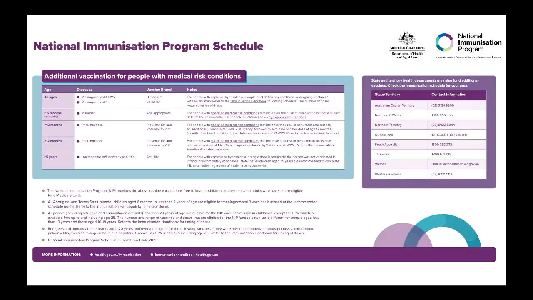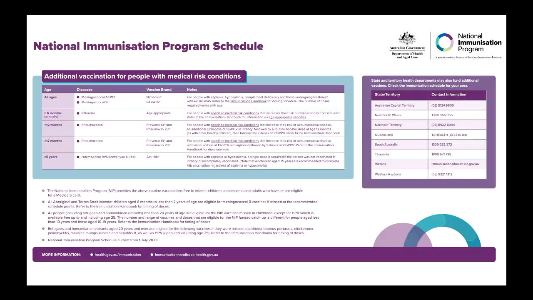There is some additional vaccination for people with medical risk conditions. So pneumococcal is one that is often given in some conditions. Meningococcal as well, especially for people with issues with the spleen.